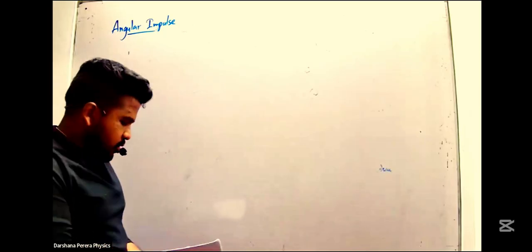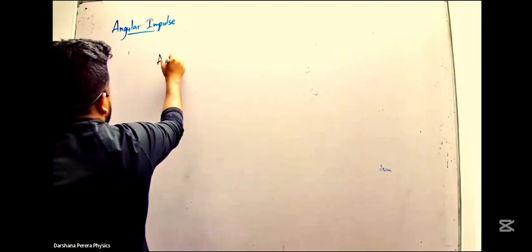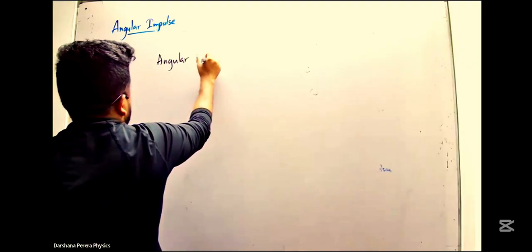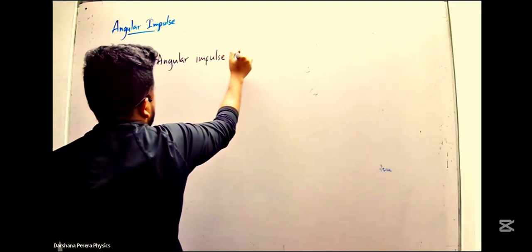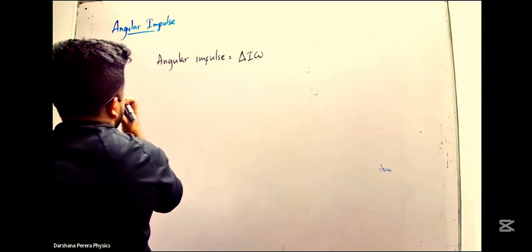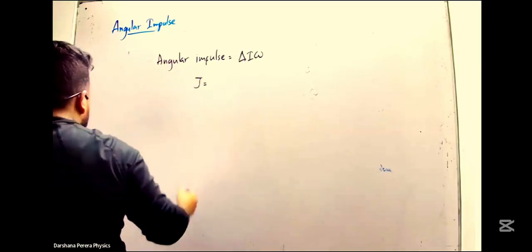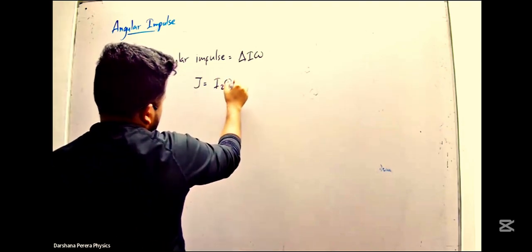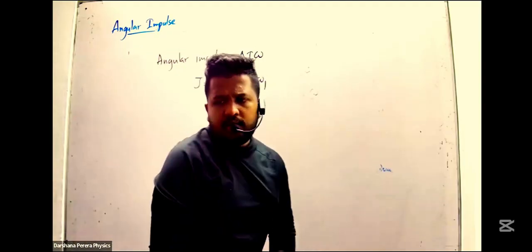Do you know what angular impulse means? Angular impulse equals delta I omega. Therefore, we can say angular impulse equals delta I omega, which means I2 omega 2 minus I1 omega 1. Right? Write down.